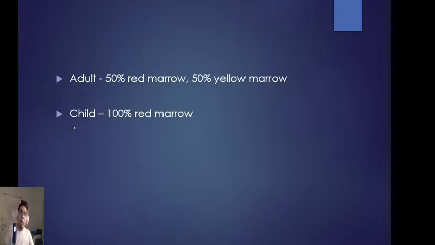Alright. That's the reason why when you look at kids at the age of probably around 1 to 2 years old, they usually have a thicker skull, because their marrow, as well as trying to protect the kid's brain, of course, is an active site of hematopoiesis. Why? Because children are just born.